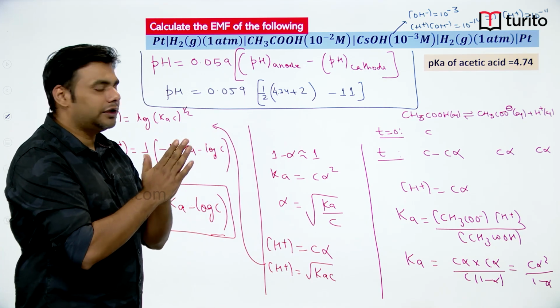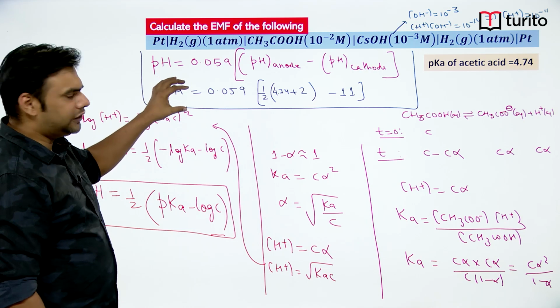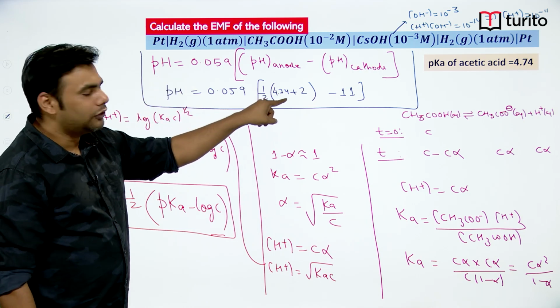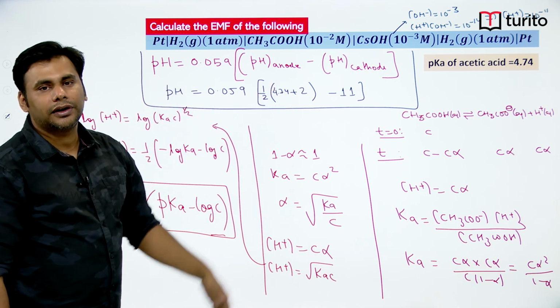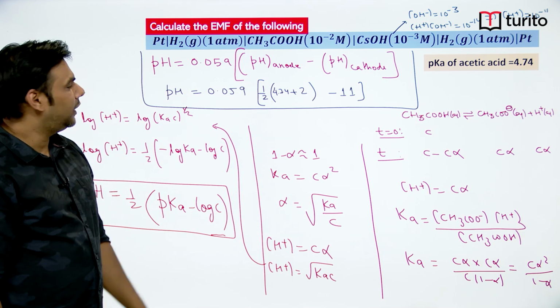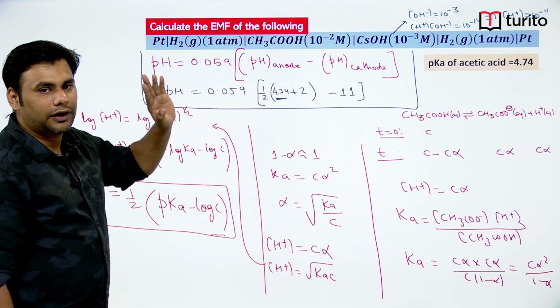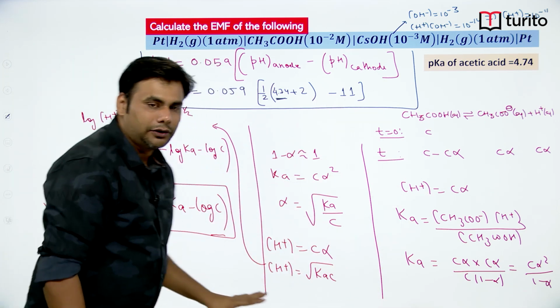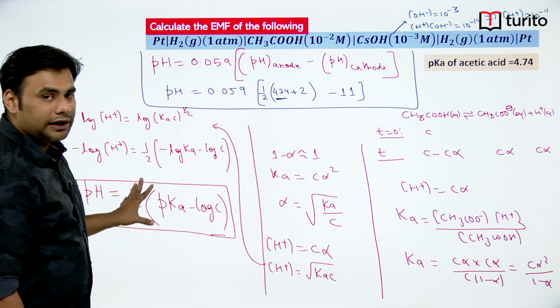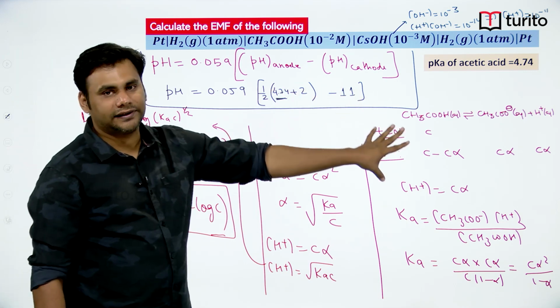Now the question can come also like this. You will be given this value, and you need to find out the value of pKa. So that again becomes a question of integer type. Everything will be given to you, you just need to find this pKa value. I hope you understood how we are getting the pH of a weak acid like acetic acid.